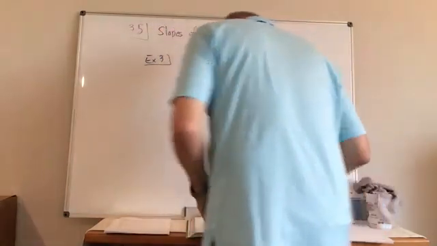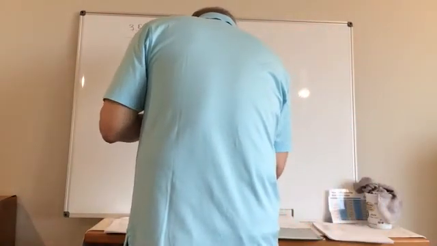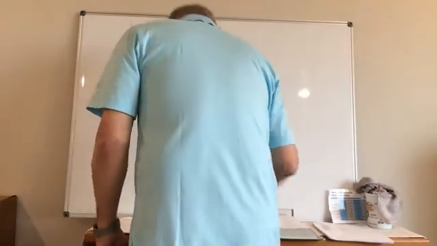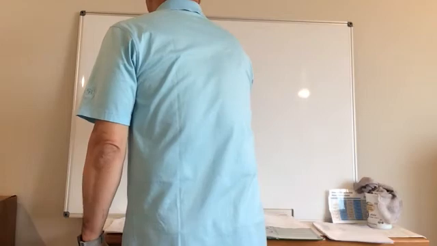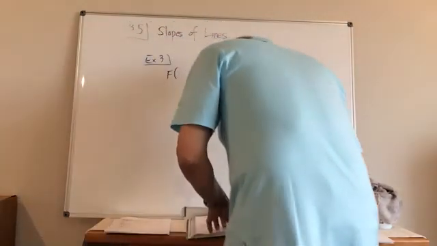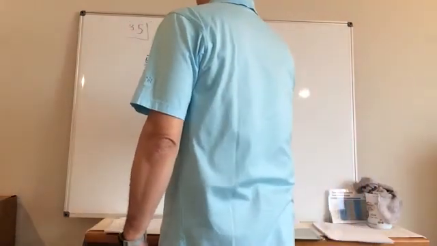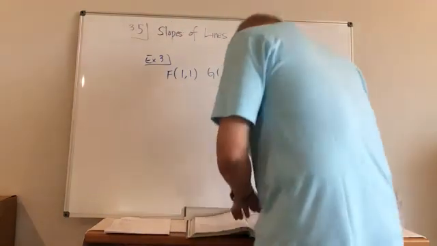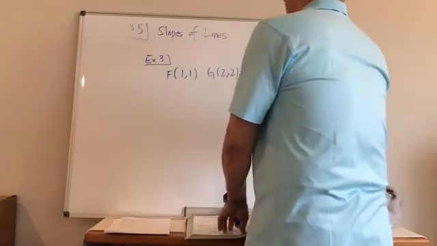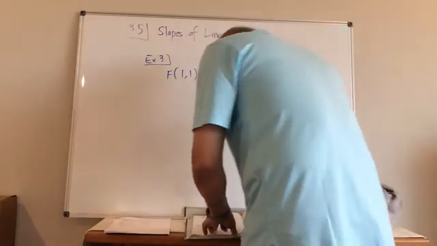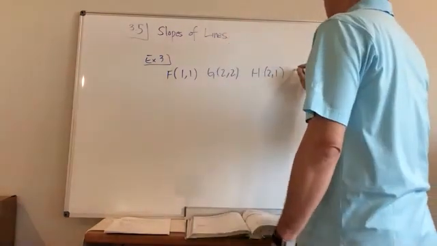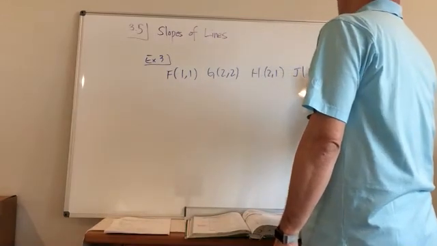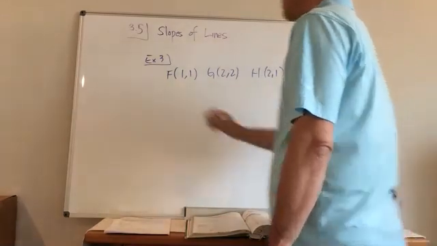Now let's do one more. I'm not going to do all of these. There are 3 of them. I'll do 2 of them. So let's do the bottom one. We have F, G, H, J. F is (1, 1). G is (2, 2). H is (2, 1). J is (1, 2). Okay, so let's take a look at the slopes here.